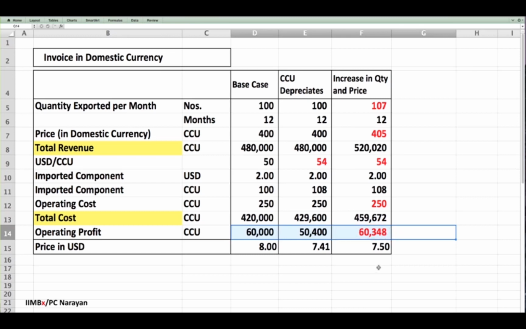What is even more interesting for us to note is, whereas the American importer, it was costing him $8 per unit, despite all of these concessions that he has given, he still is able to import at $7.5 per unit. So both win. They have managed operating exposure very, very effectively.